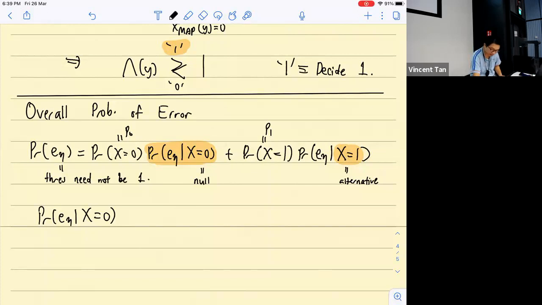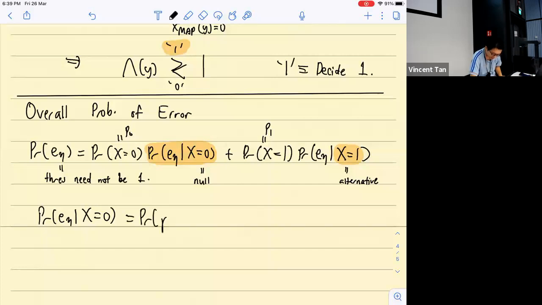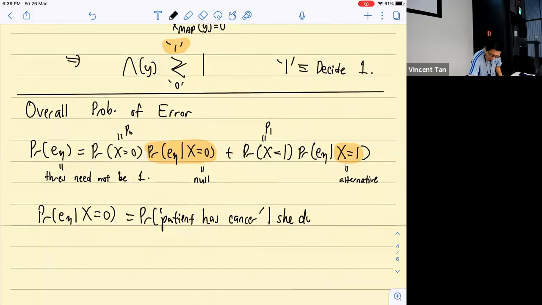This probability is that, for example, you declare that the patient has cancer. This is the declaration, the decision, because this notation is decide. You decide the patient has cancer when the ground truth is that he or she, maybe I use she, does not have cancer.